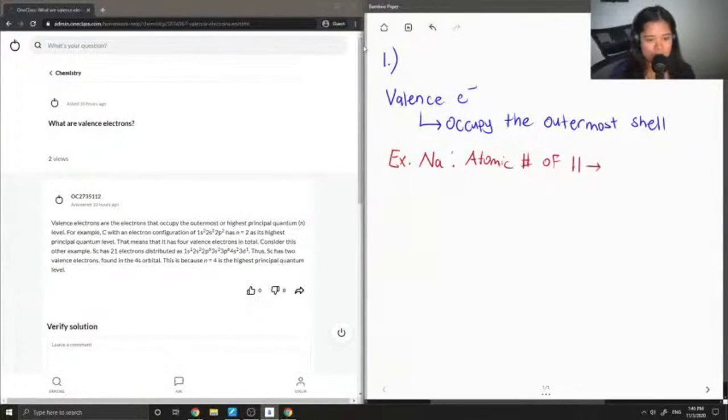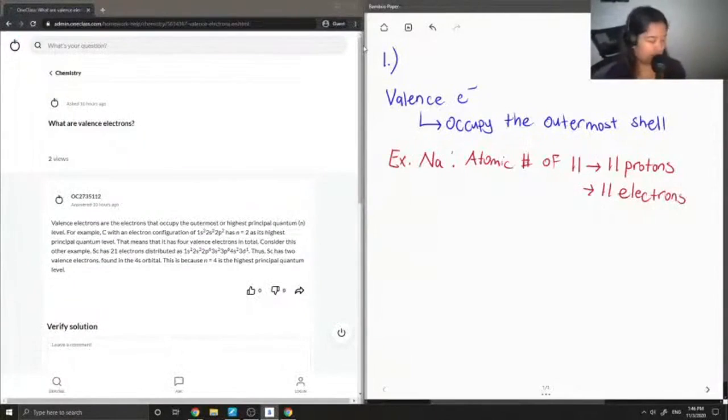So this means that it has 11 protons. And when you have 11 protons, you need 11 electrons to make it a neutral atom. So I'm also going to write down 11 electrons.